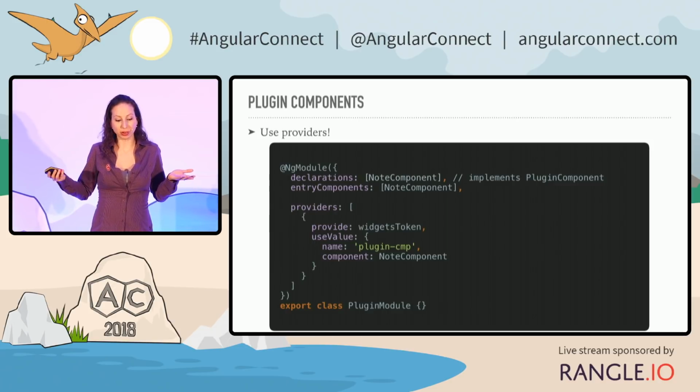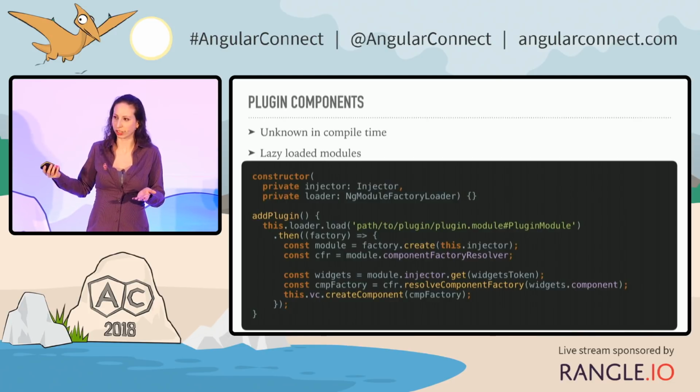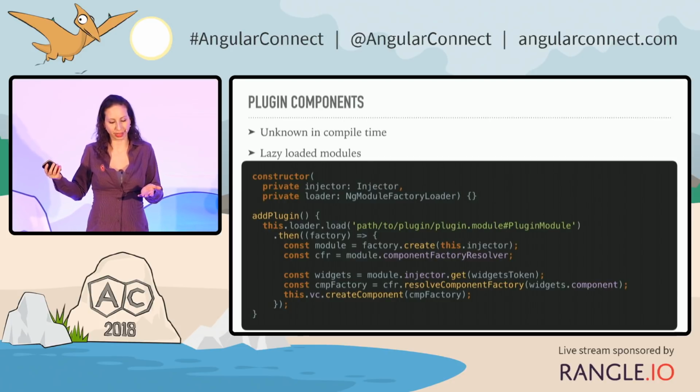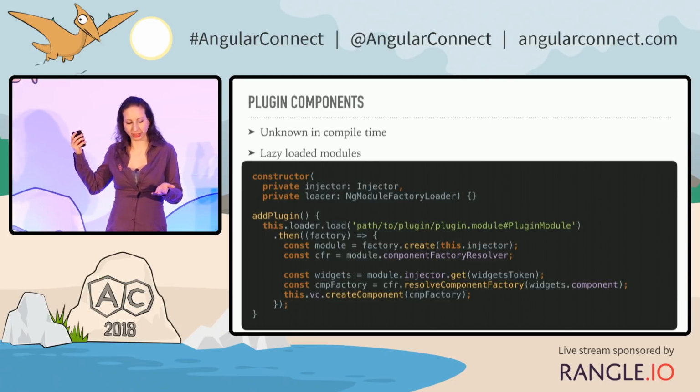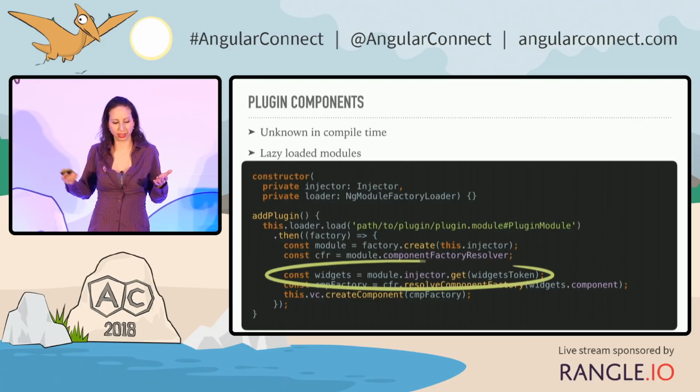And now you can just get the widgets token that we've resolved with the injector, and get its value from this module. Okay? And we just get the component from over there. And now it's perfectly lazily loaded.